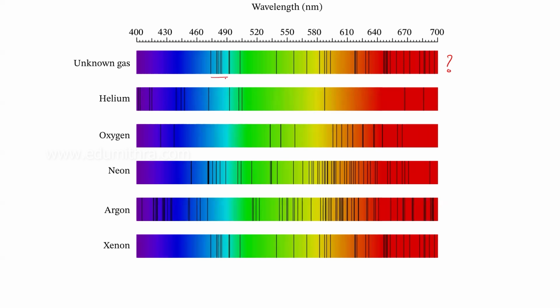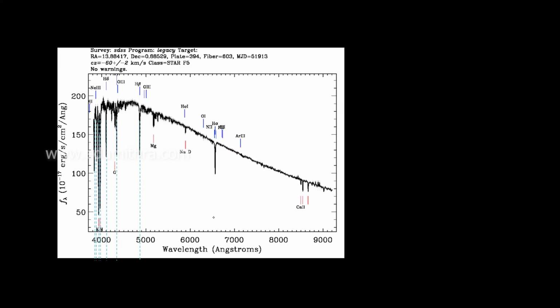Can I match it with helium? We can see two lines, but those two lines are at a very high gap, so no, it is not. This one? Let's check. No, it is so close by, so no, it is not. And finally, if you check it with xenon, you can see all these lines are matching.